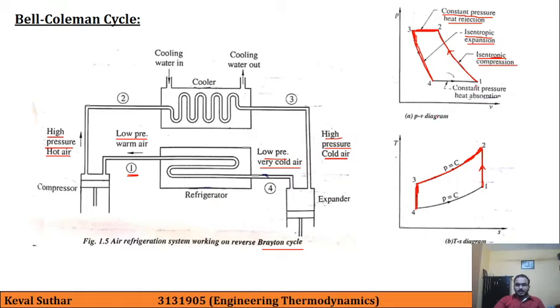And then the last is constant pressure heat absorption that is happening in this refrigerator. Here pressure remains constant and volume increases because the heat absorption is happening over here. The same process is shown here from process 4 to 1.